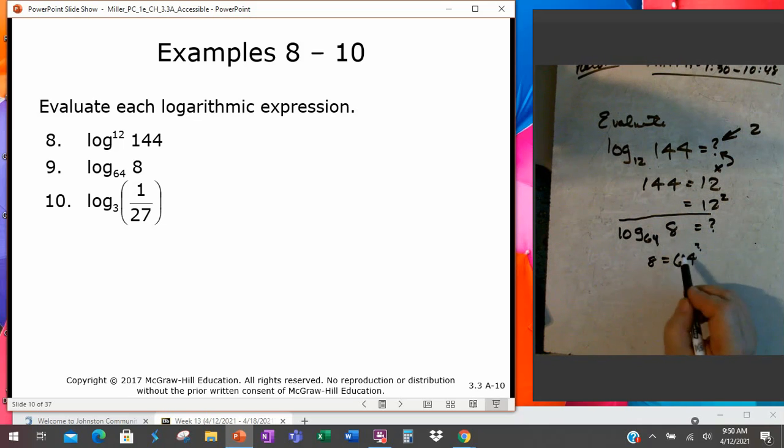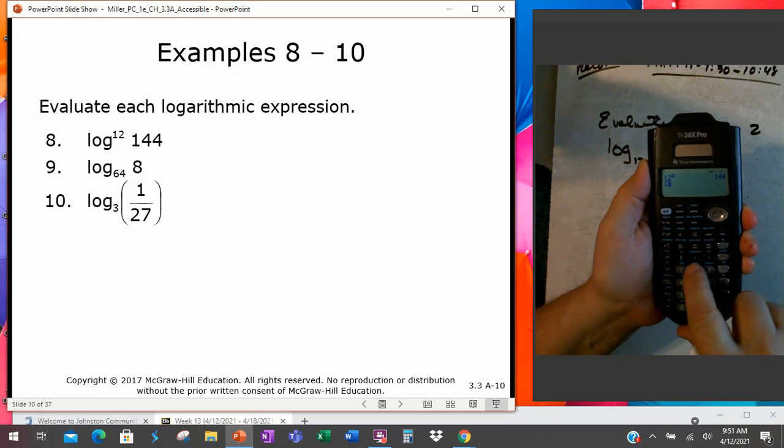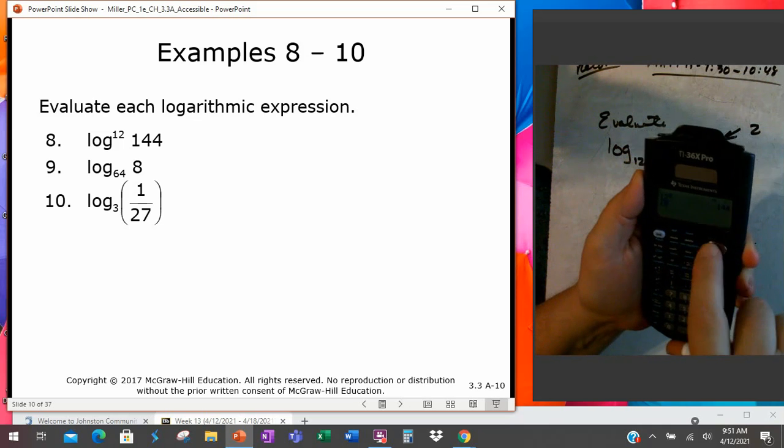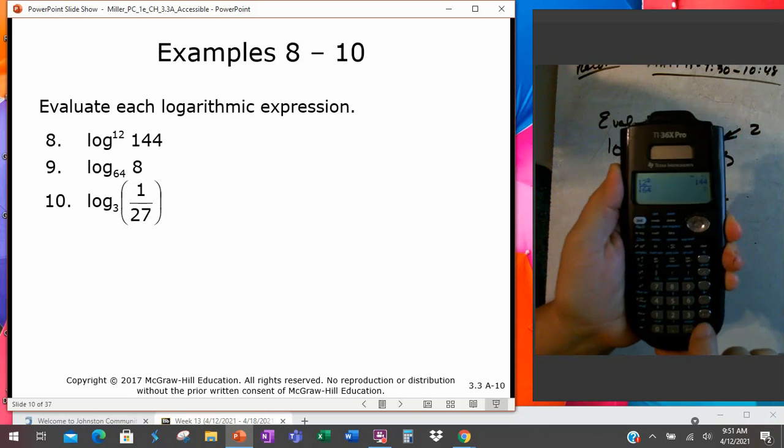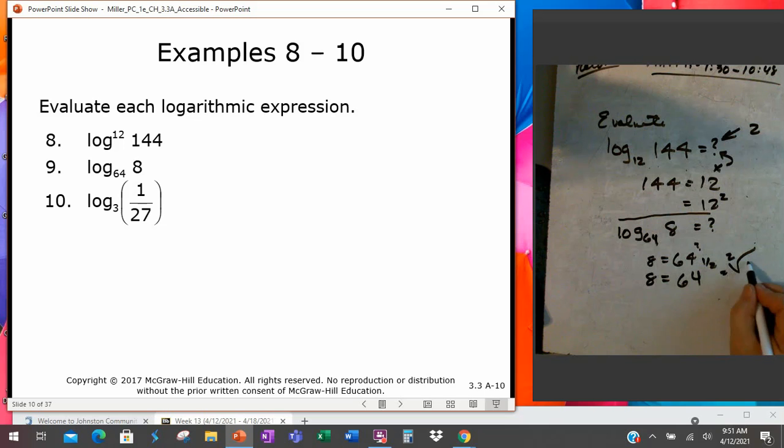If I take the square root of 64, that would be 8. So in rational exponents this is 1/2. It's the very same thing as 64 to the 1/2. That's rational exponents.